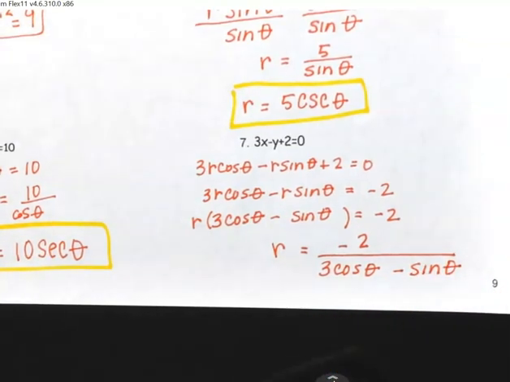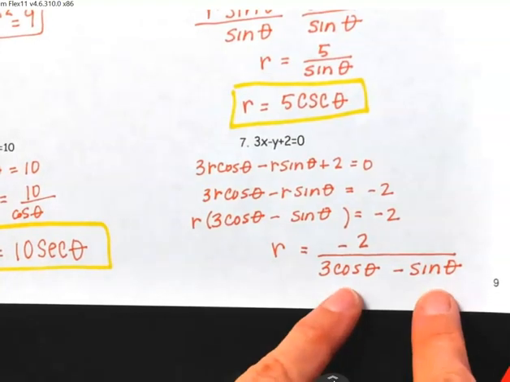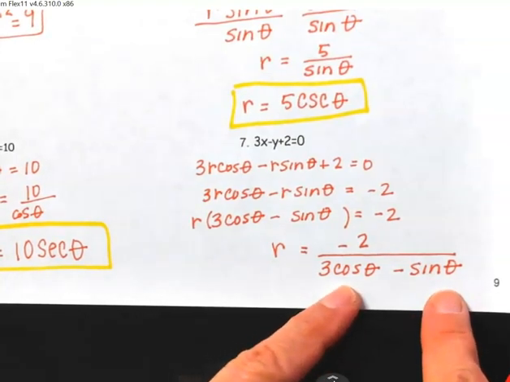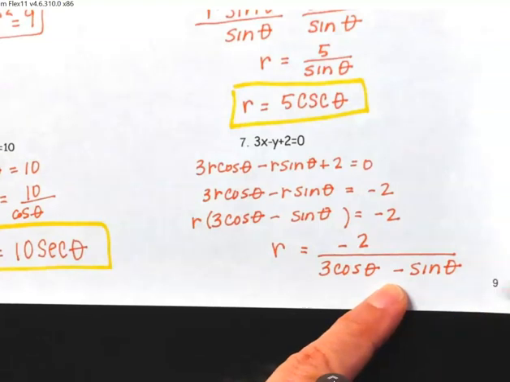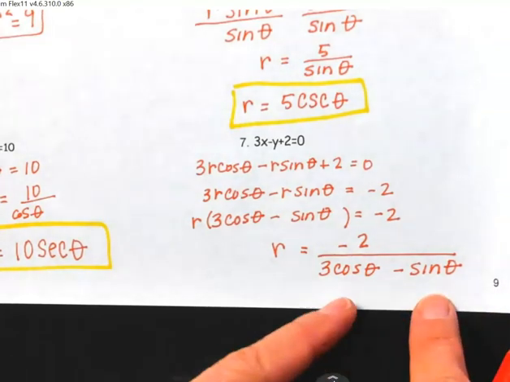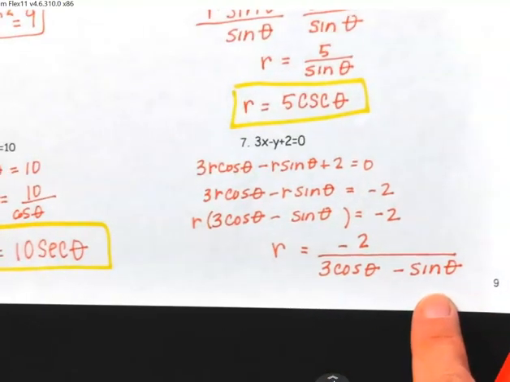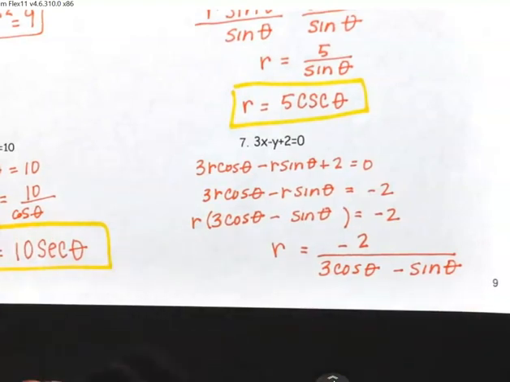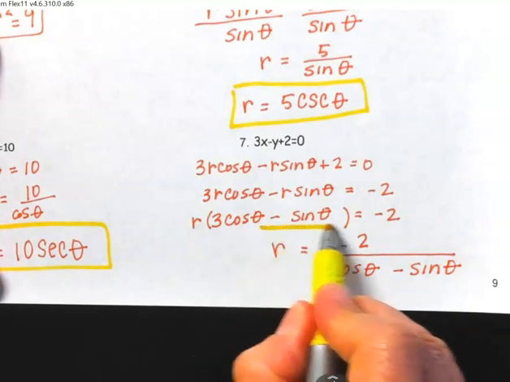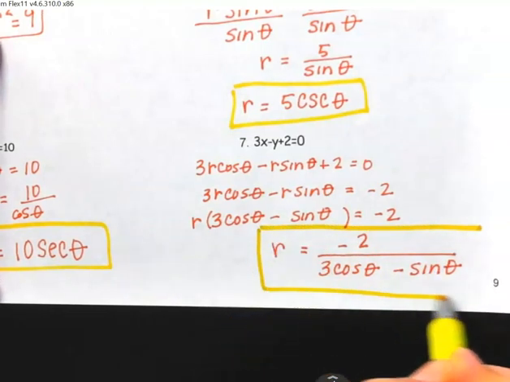And y'all, that's all I can do. I can't rewrite these with reciprocals because they got a minus sign in the middle of them. I can't use one of the Pythagorean identity properties because they're not squared. That is all I can do to algebraically convert that to polar form.